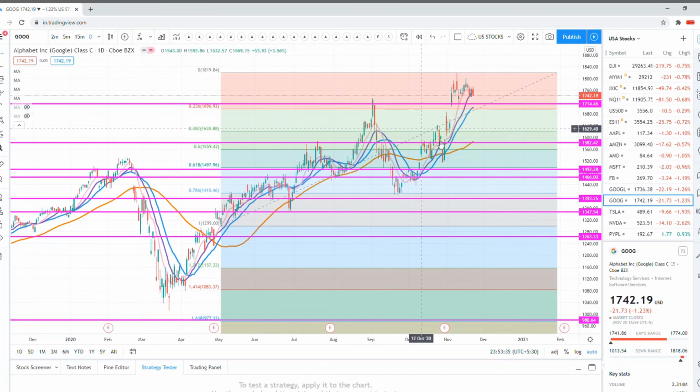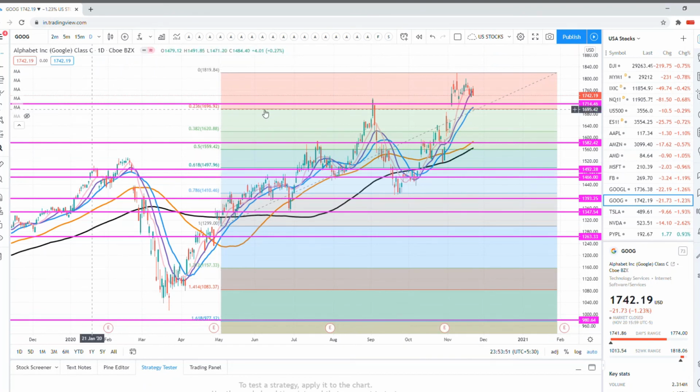So 50-day moving average is a very important support, as we all know. So it's taking support at the classic level, which we have marked already with Fibonacci, at the same time with our support and resistance levels 1582. So just remember, this level is very important for buying, and even the 100-day moving average is supporting this level.